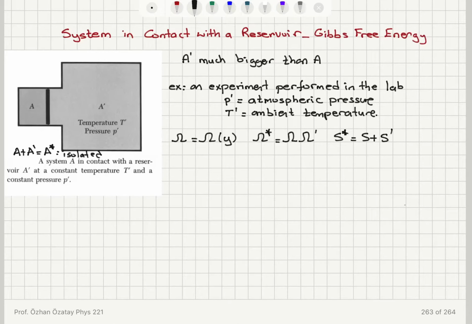Now, the total energy, since the A star system is isolated, is going to be a constant. So it's energy of system A, E, plus energy of system A prime, E prime. The sum is a constant. The total volume, V star, which is the volume of system A plus the volume of system A prime, would be a constant.